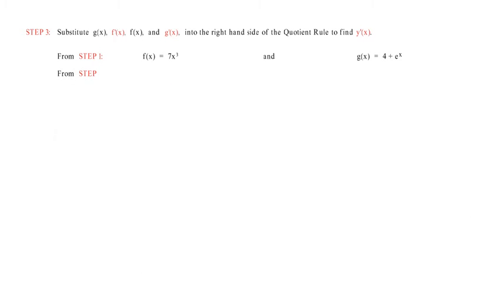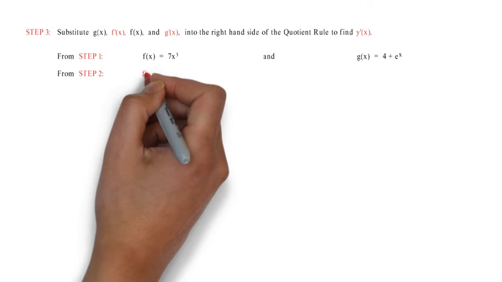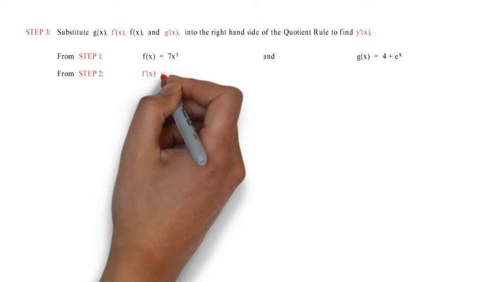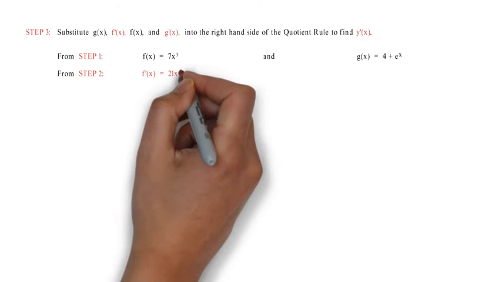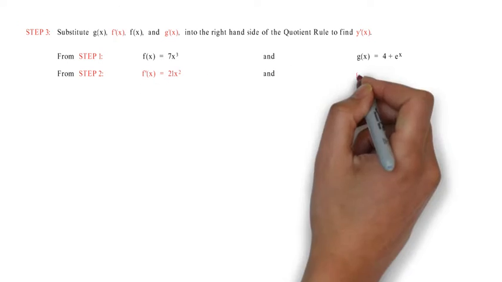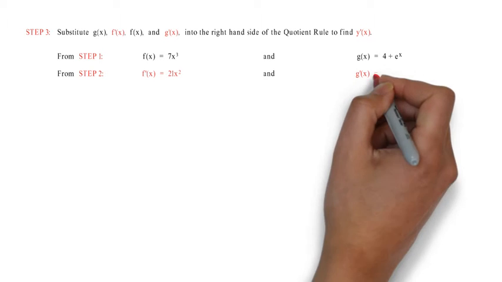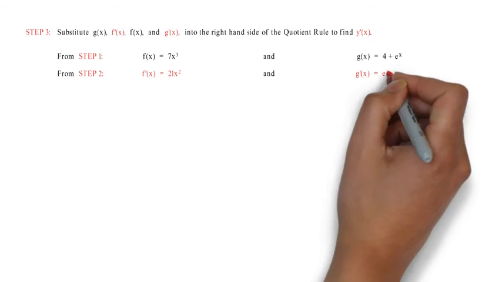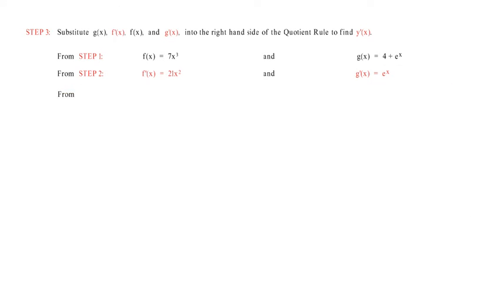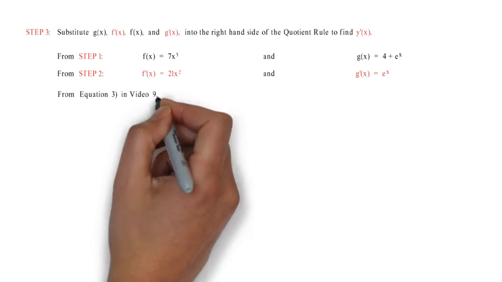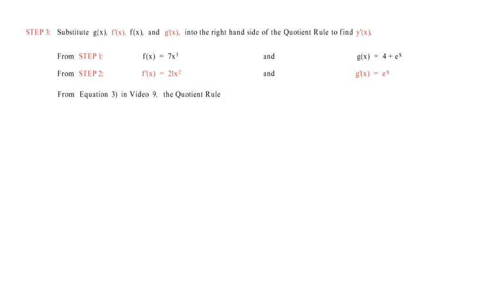From step 2, f'(x) equals 21x squared and g'(x) equals e to the x. From equation 3 in video 9, the quotient rule is.